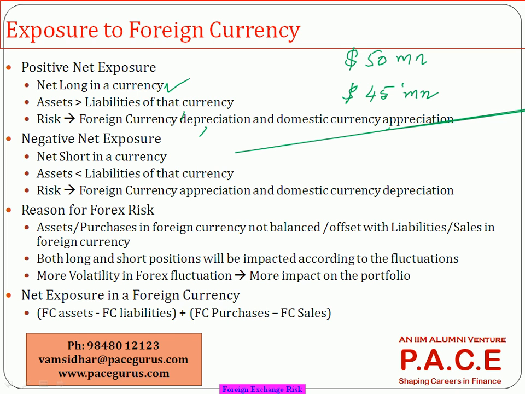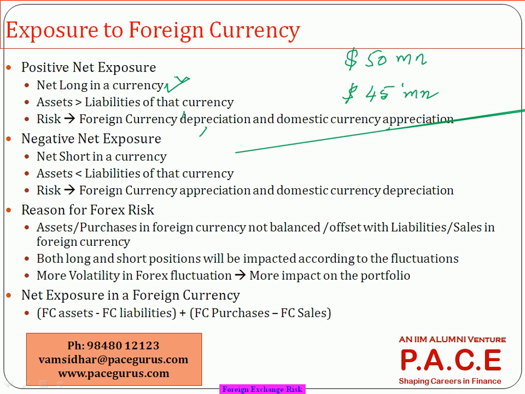Because $1 becomes 67, 68. So probably I have $5 million benefit. $5 million into 68 rupees, 70 rupees, 80 rupees will be the benefit which I am going to receive. So when I am having a net positive exposure, the foreign currency appreciation and domestic currency depreciation will actually benefit me to the largest extent.